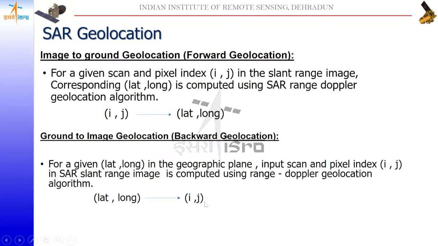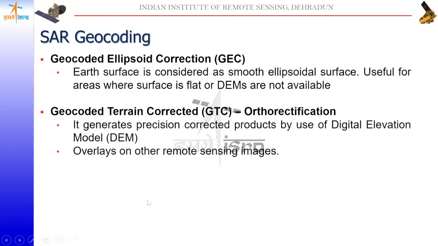Both use the range Doppler equation, but the parameters are different. In the forward case we estimate from ij to lat long, and in ground to image geolocation we calculate from lat long to ij. Based on this SAR geolocation, we can convert our SLC image to a geometrically corrected image.